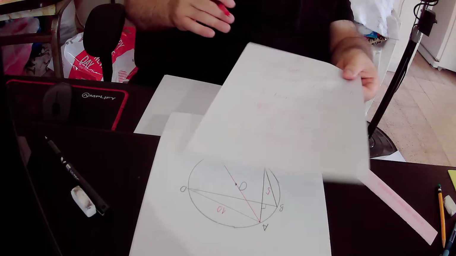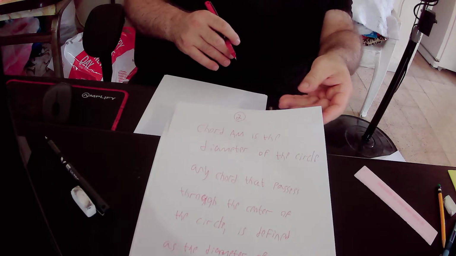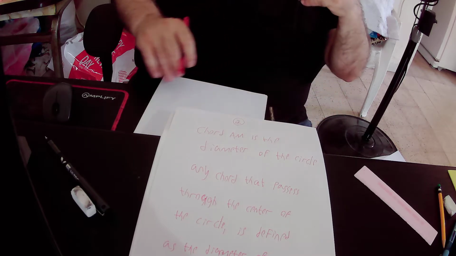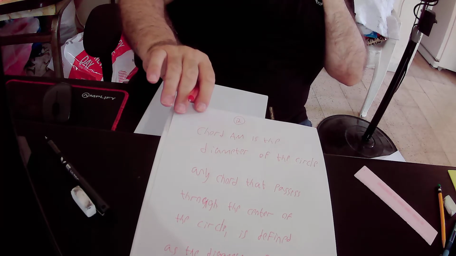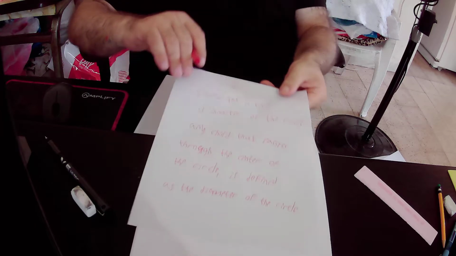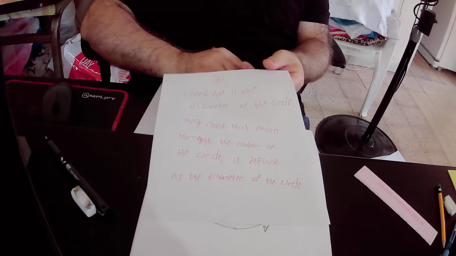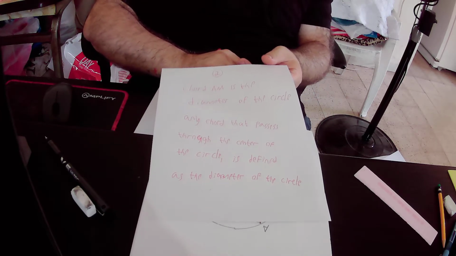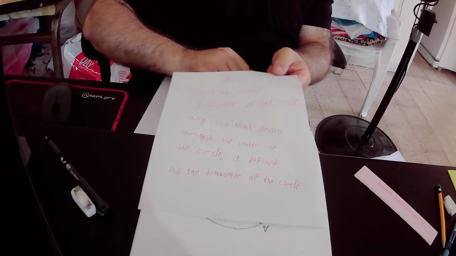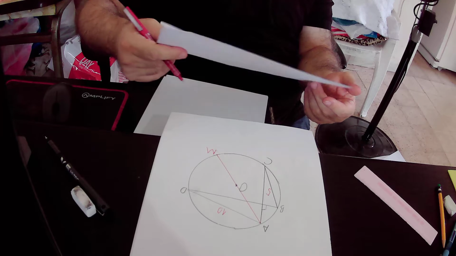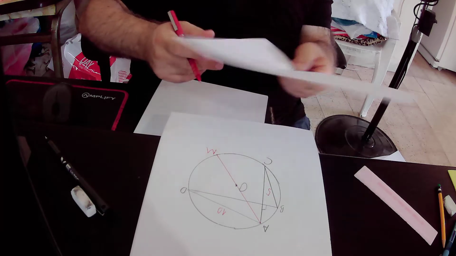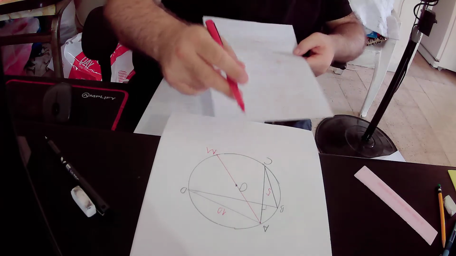So I'll read again what I wrote. Chord AM is the diameter of the circle because any chord that passes through the center of the circle is defined as the diameter of the circle, and chord AM passes through the center of the circle, that is to say through point O.